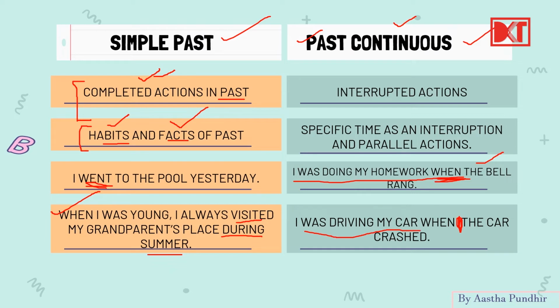This is also past continuous. और फिर क्या हुआ, वो एक्शन इंटरप्ट हुआ, एक पैरेलल एक्शन हुआ, which is when the car crashed. राइट? सो सिंपल पास्ट जो है, कोई एक्शन जो कंप्लीट हो चुका है, जो हैबिट थी या फैक्ट था पास्ट का. और पास्ट कंटिन्यूअस, जो कंटिन्यूसली एक्शन जो पास्ट में हो रहा था पर वो इंटरप्ट हो गया. कोई स्पेसिफिक टाइम एज एन इंटरप्शन एंड पैरेलल एक्शंस. ऑलराइट, सो दिस इज द यूजेज ऑफ सिंपल पास्ट एंड पास्ट कंटिन्यूअस.